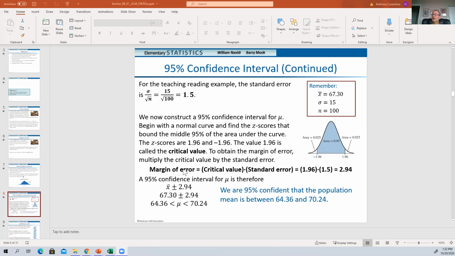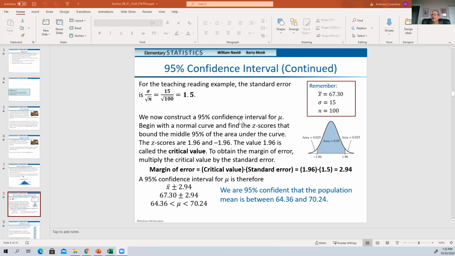This book defines margin of error as the z-score, which they call the critical value, times the standard error, which is the standard deviation using the central limit theorem: standard deviation divided by the square root of n. So as n gets bigger, you're dividing by a bigger number, and the standard error is going to get a little bit smaller.